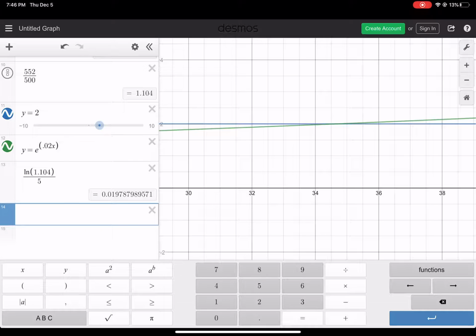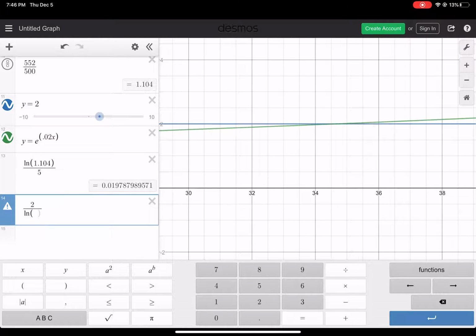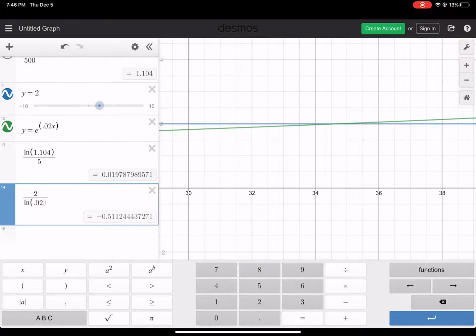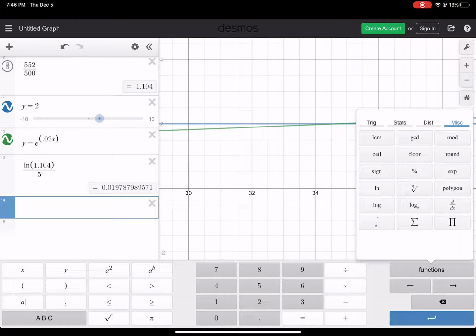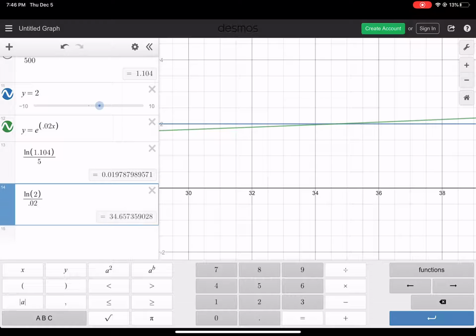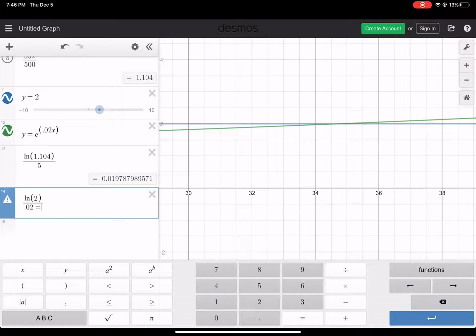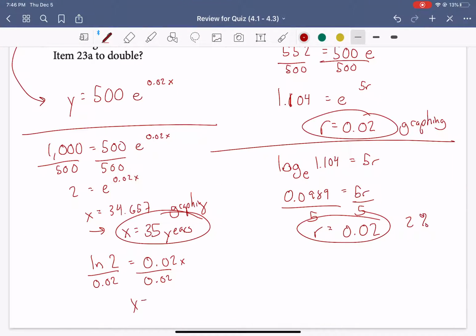So if we do this again, the natural log of 2 divided by 0.02. All right, and we still get that same 34.657. So even with the log, we get x is equal to 35 years if we round up.